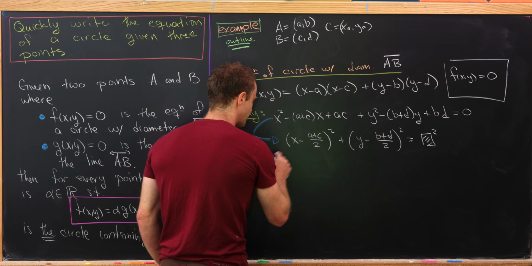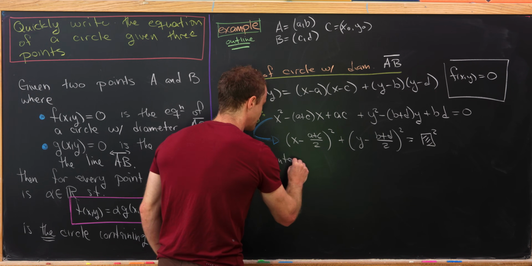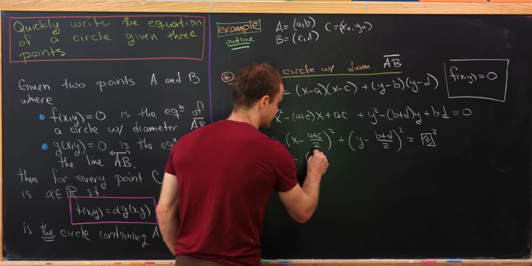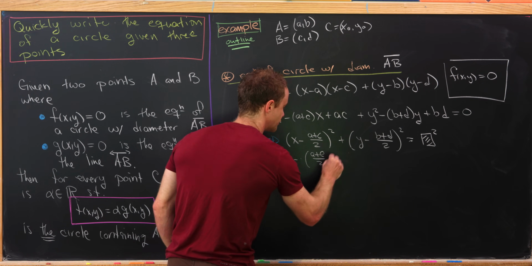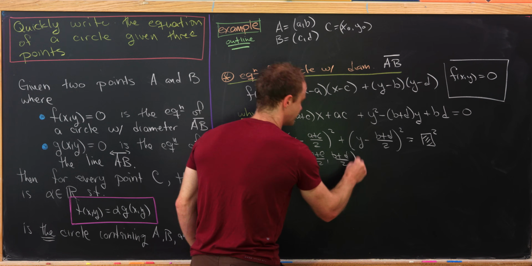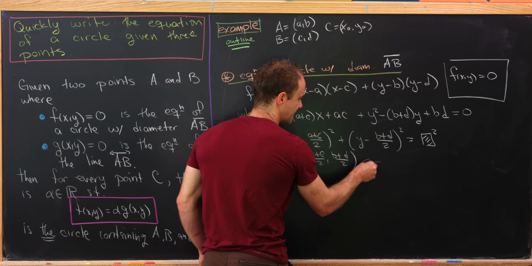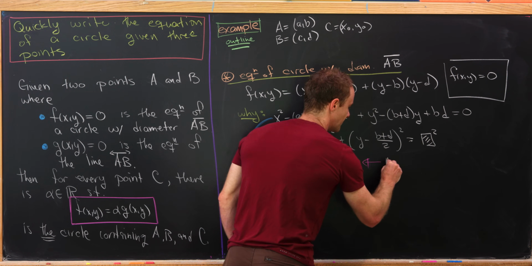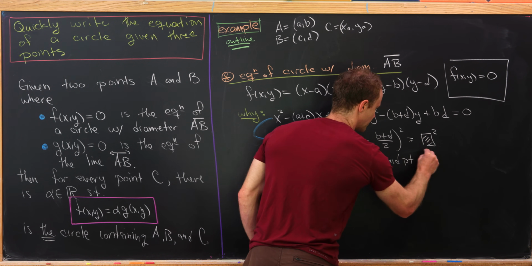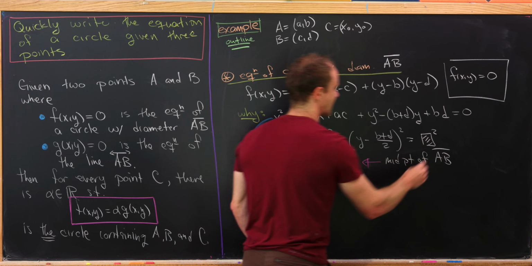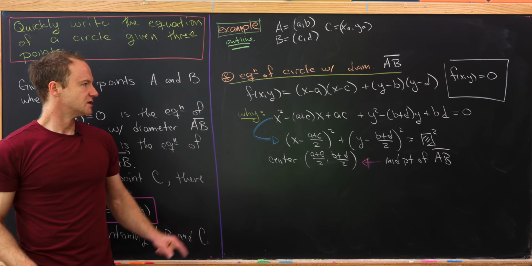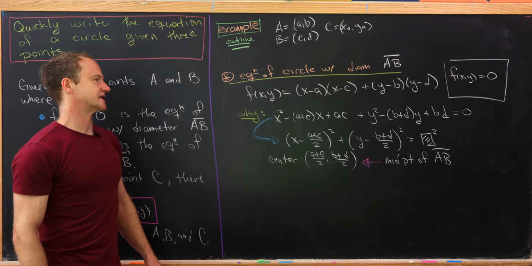But notice we can pull the center out here, and the center of this circle is simply a plus c over 2 in the first coordinate, b plus d over 2 in the second coordinate. But the cool thing about this is that this is the midpoint of line segment AB.